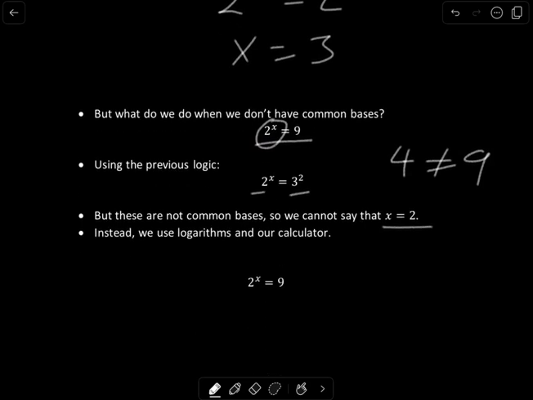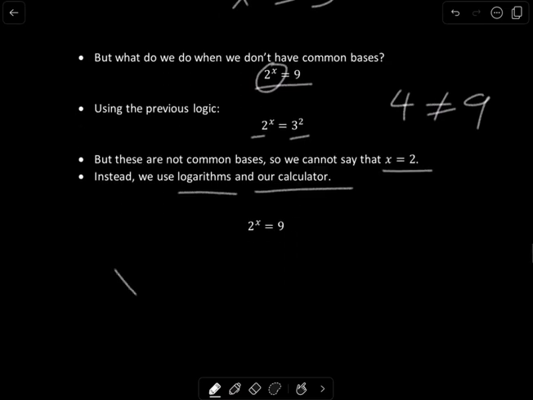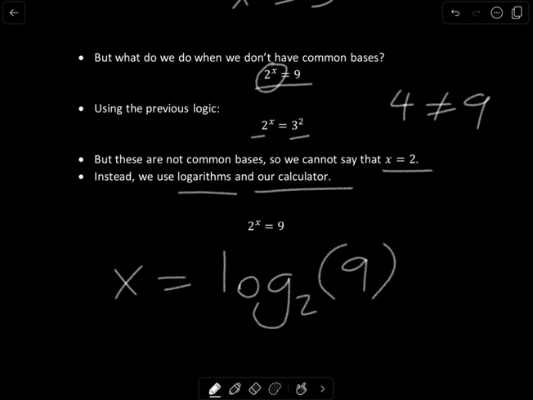So what do we do? Instead, we use logarithms and our calculator. We're going to use logarithms and our calculator to solve this, and it will be equal to the log of 9 to the base 2. And that's how we'll solve it. We'll insert it on our calculator and we will get an answer.